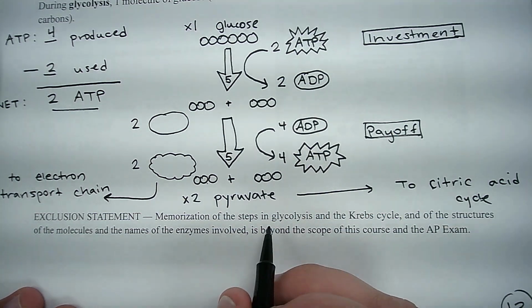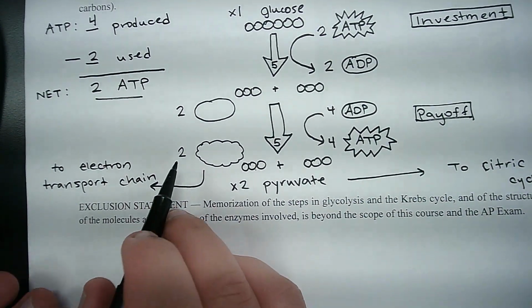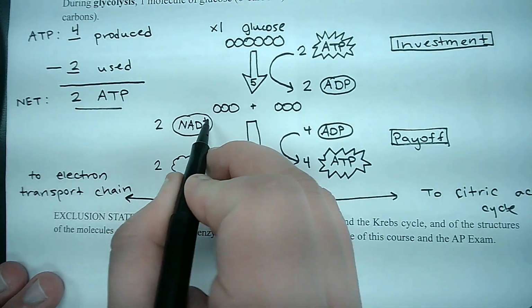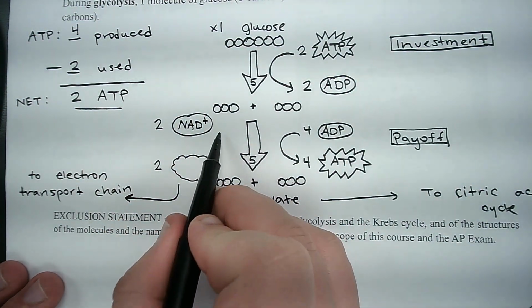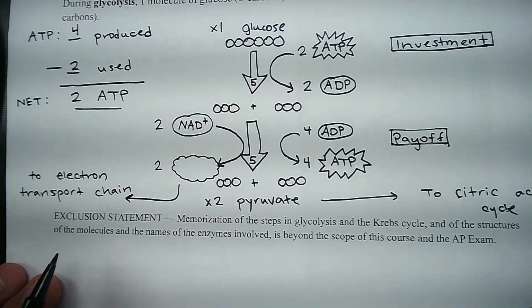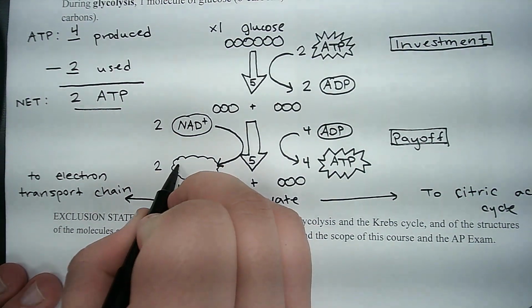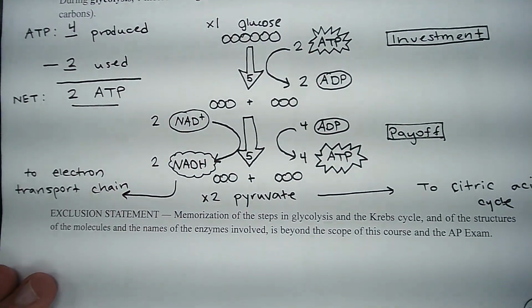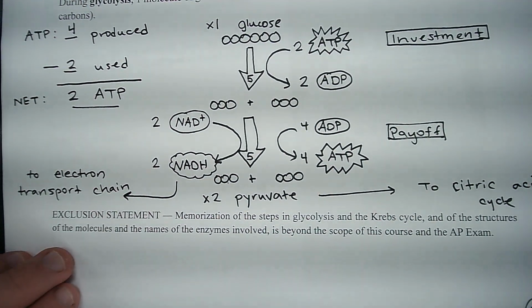These will work their way to the citric acid cycle. We also have NAD, which is able to strip electrons off of the intermediates broken down in glycolysis, glucose, and turn that into a charged form, NADH. NADH carries those electrons to the electron transport chain.